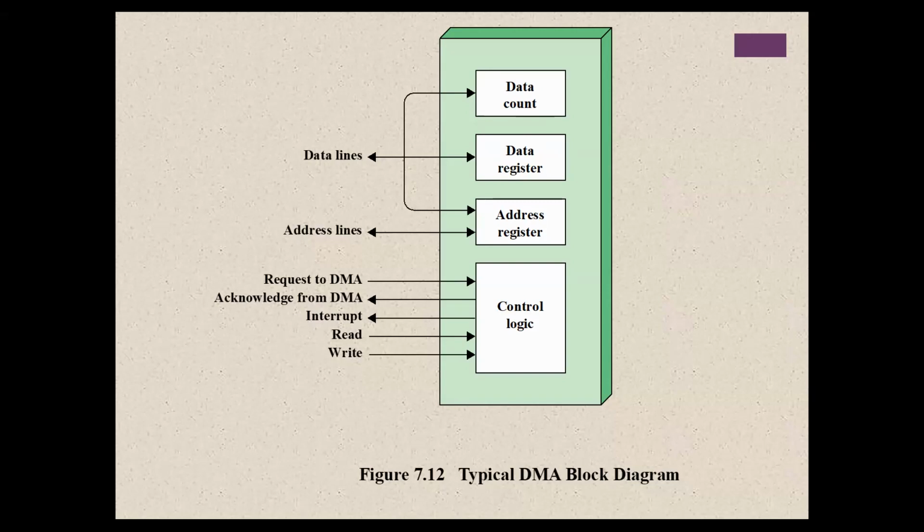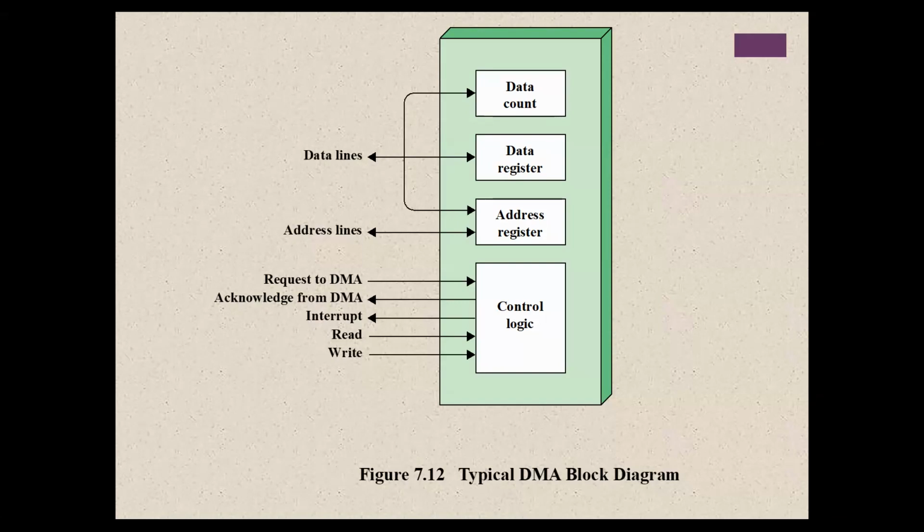When the transfer is complete, the DMA module sends an interrupt signal to the processor. Therefore, the processor is involved only at the beginning and at the end of the transfer.